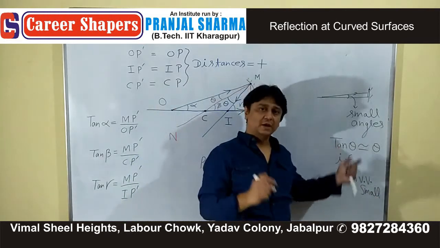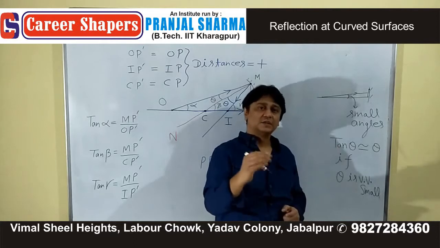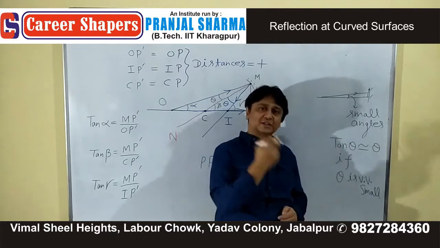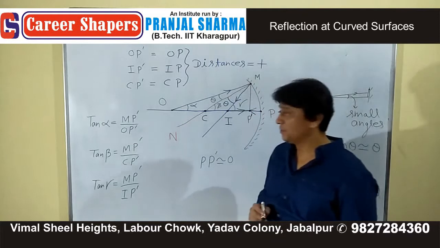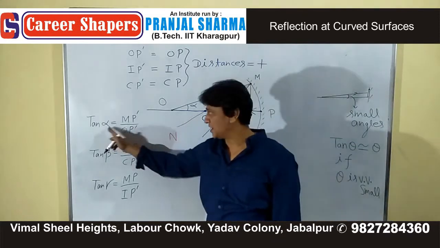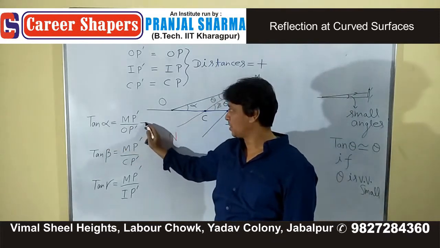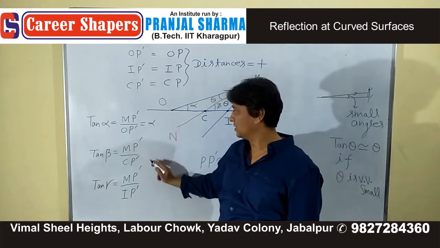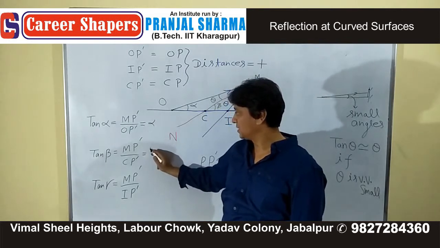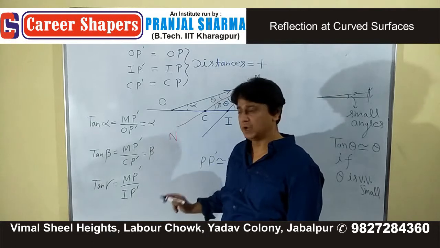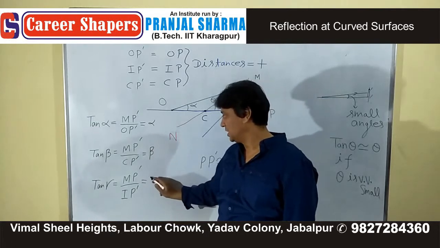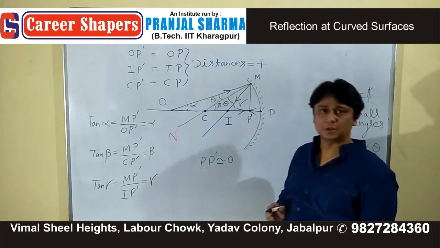Tan 0 is approximately 0, so we can simply remove tan. That means tan alpha can be approximated with alpha, tan beta with beta, and tan gamma with gamma.